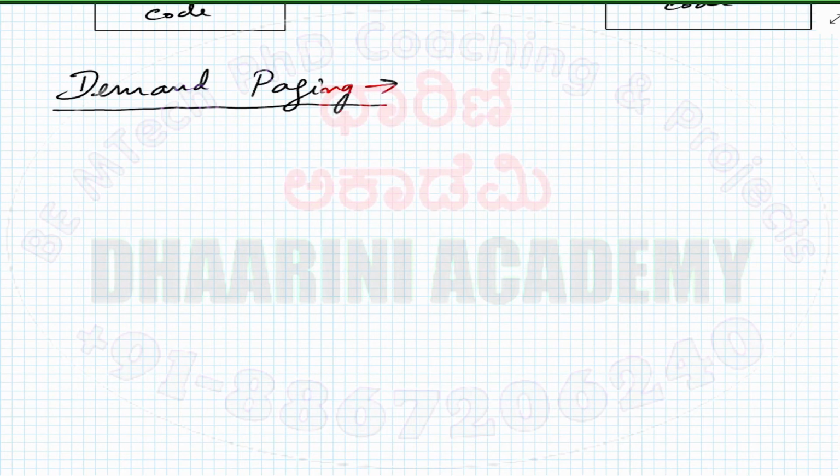We may not initially need the complete program to be present in the memory. We can consider a program that starts with a list of variables, and there may be some options that you can select.